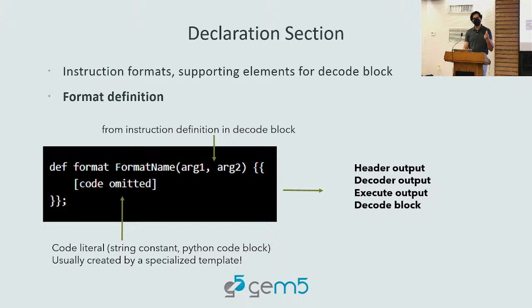Depending on those arguments, they generate some output, and this output is what goes into the generated C++ files. The 4 kinds of outputs they generate are the header output, the decoder output, the execute output, and the decode block output. We'll look at some examples of how exactly those outputs are generated and what they really mean.